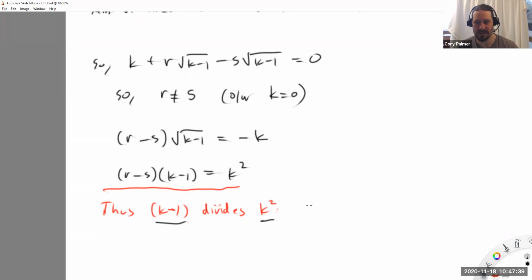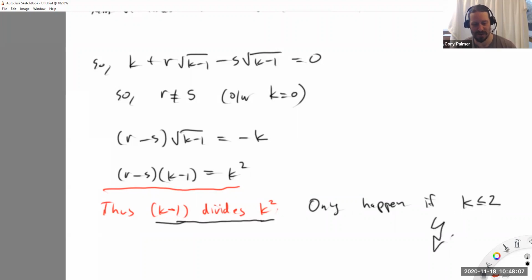When does this happen? This is a little bit of number theory. I'll leave you guys to maybe chew on this at the end, but it doesn't happen once K gets past 2, okay? But there's our contradiction. Remember, K had to be greater than 2. And now I just proved that K is at most 2 by this divisibility property here, which came from the computation of the eigenvalues. This is a contradiction. And so we do have a universal vertex, okay?